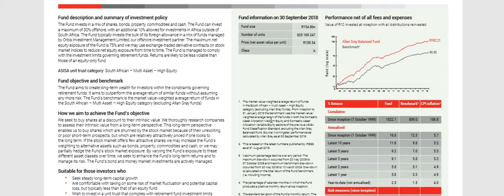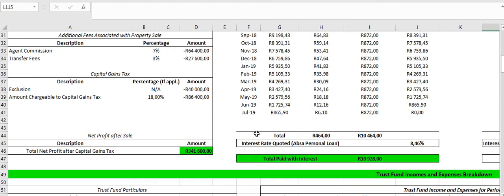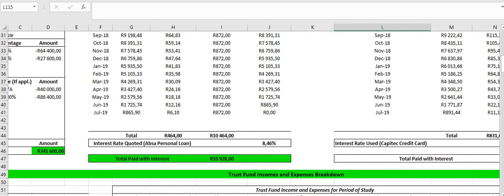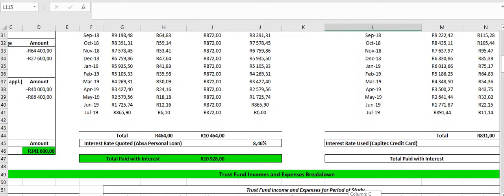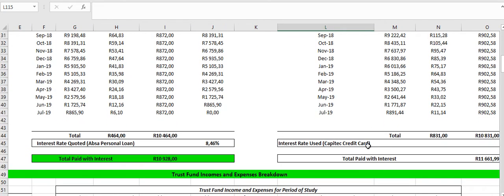Corresponding performance incomes and fees were calculated in partial fulfillment of realizing such incomes and expenses for option 3's net present value table. The plumbing cost of 10,000 Rand was unavoidable, and hence a comparison was done between a personal loan and credit card debt, with the personal loan, as can be seen over here, yielding a lower total amount paid inclusive of interest.